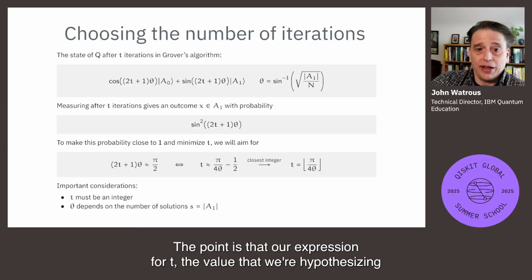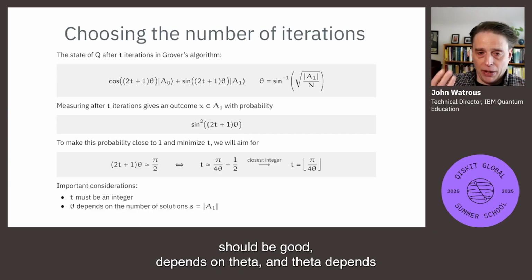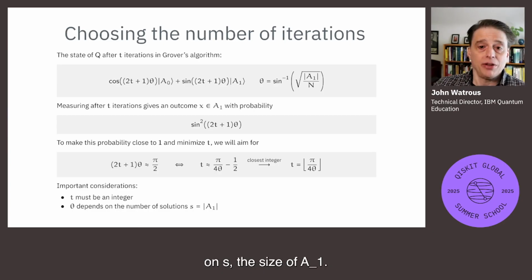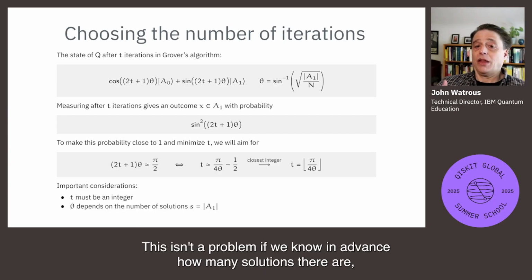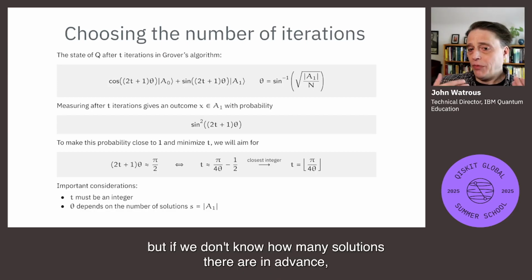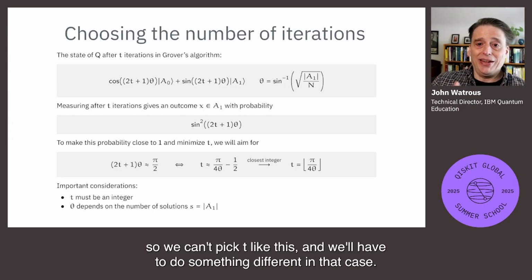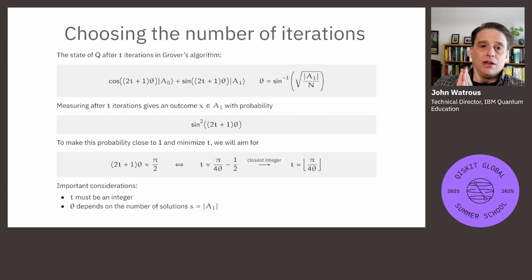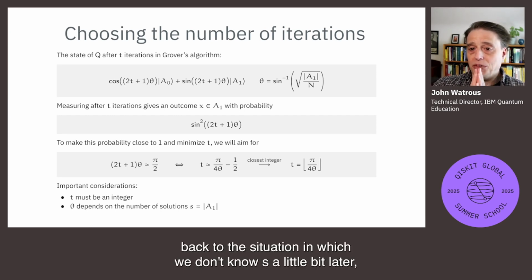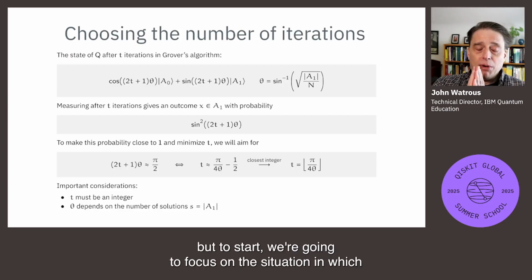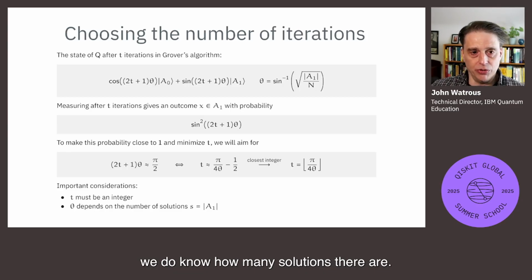The point is that our expression for t, the value that we're hypothesizing should be good, depends on theta, and theta depends on S, the size of A1. This isn't a problem if we know in advance how many solutions there are, but if we don't, we don't know what theta is, so we can't pick t like this, and we'll have to do something different in that case. I'll come back to the situation in which we don't know S a little bit later, but to start, we're going to focus on the situation in which we do know how many solutions there are.